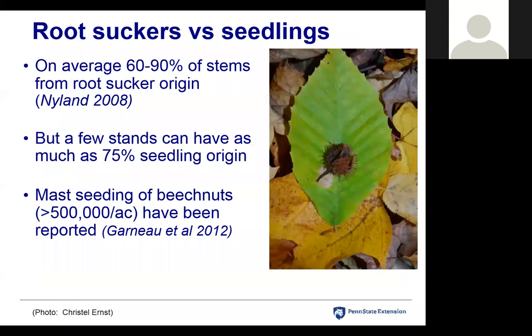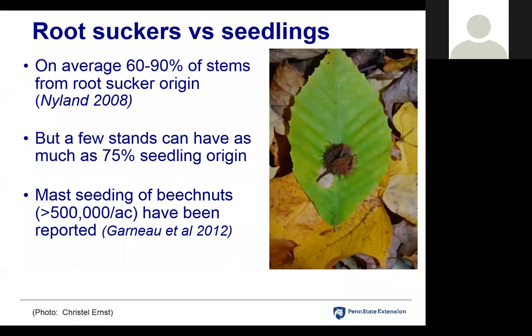There have also been some questions in terms of the aftermath forest, in terms of how much of that understory is really root suckers versus seedlings. A number of studies have looked at this to quantify how much is actually coming from root suckers versus seedlings.